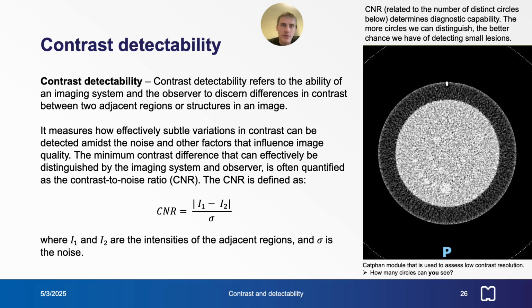The minimum contrast difference that can effectively be distinguished by the imaging system and observer is often quantified as the contrast to noise ratio, which is defined here as the absolute difference in intensities of the adjacent regions divided by the noise. In the example of the CAT fan module, the CNR is related to the number of distinct circles that you can see, and this determines diagnostic capability. The more circles we can distinguish, the better chance we have of detecting lesions.